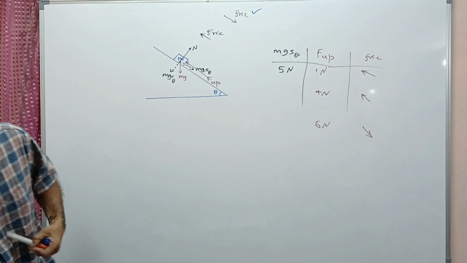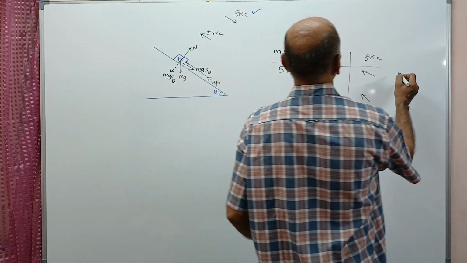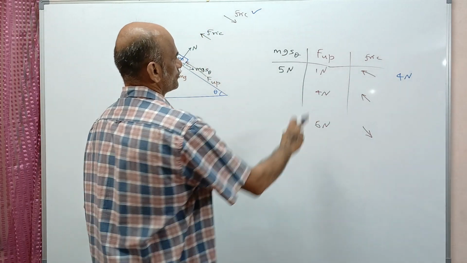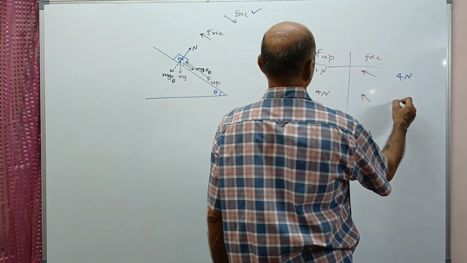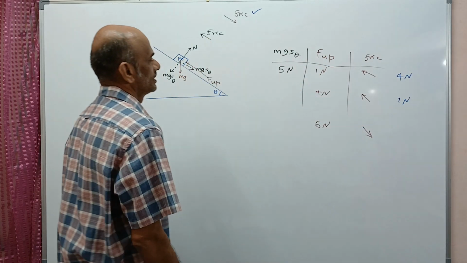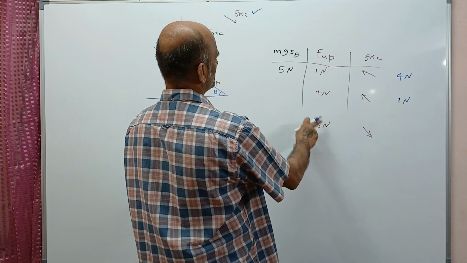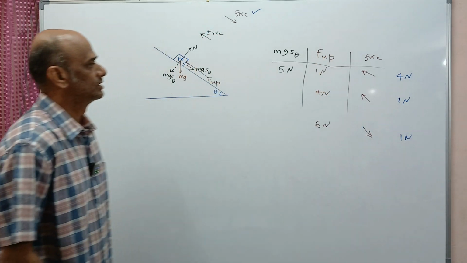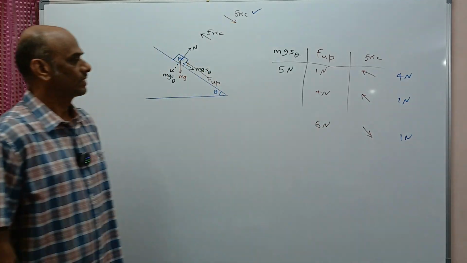And also the friction force magnitude in the first case will be 4 Newton, because 4 plus 1 will balance this 5. Here in this case, there is an upward net force of 1 Newton, so the friction force will be downwards of magnitude 1 Newton. So the friction force magnitude is variable, and the direction is also variable.